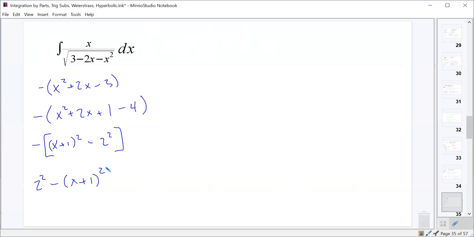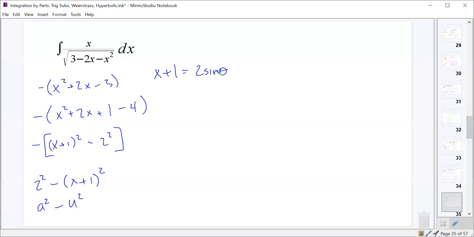And so what does that look like? That looks like a squared minus u squared, right? Where u is equal to x plus 1. And so we can make a substitution where x plus 1, our u value there, is equal to 2 sine theta.